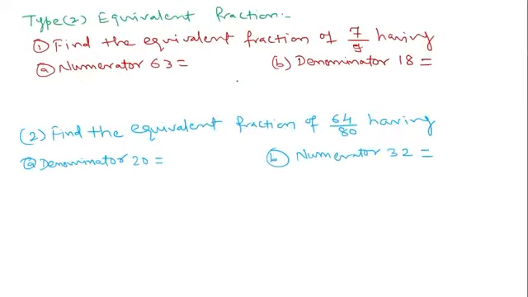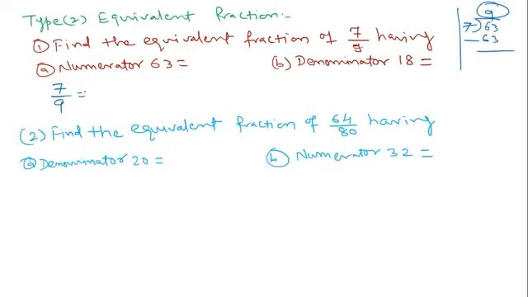Type 2, equivalent fraction. Find the equivalent fraction of 7 by 9 having numerator 63. Look here, 7 by 9, numerator 63. That means read the table of 7 up to 63, or just divide 63 by 7. 7 9s are 63. That means this answer is 9.